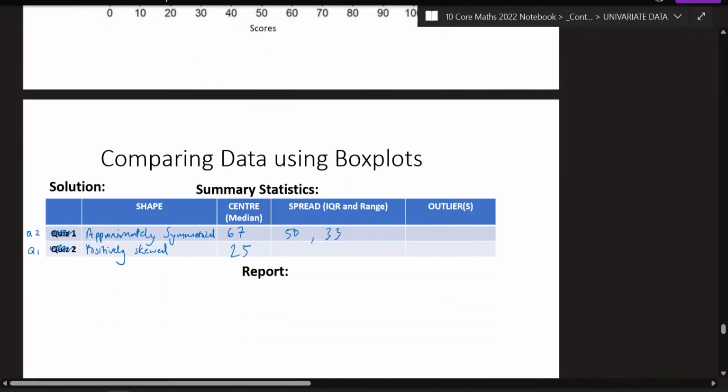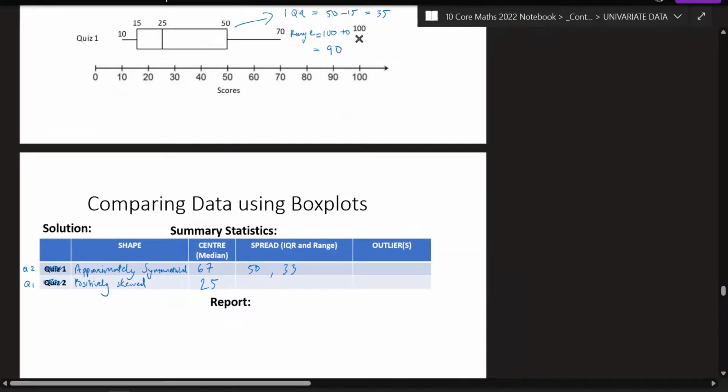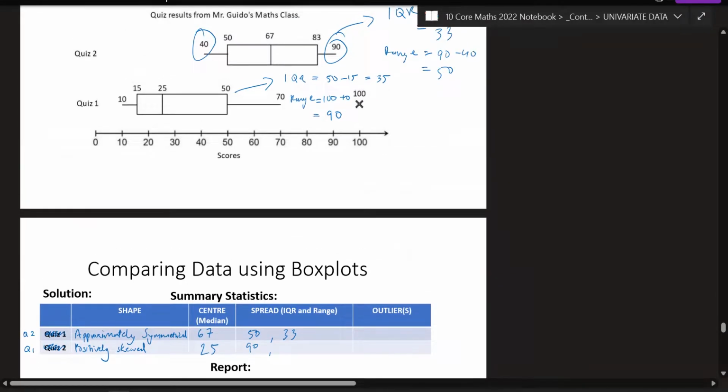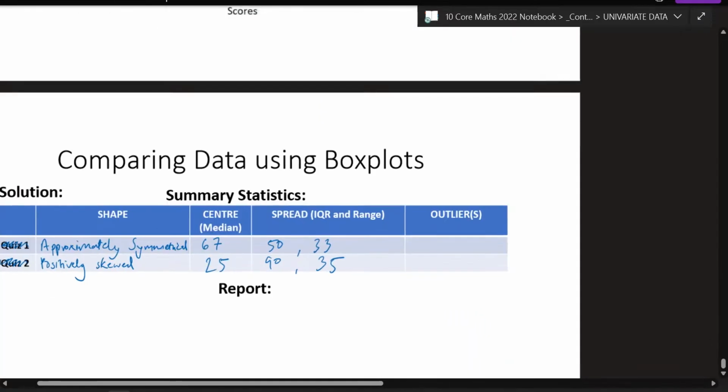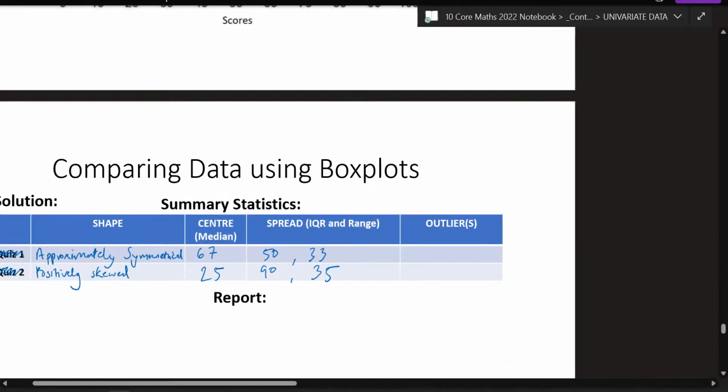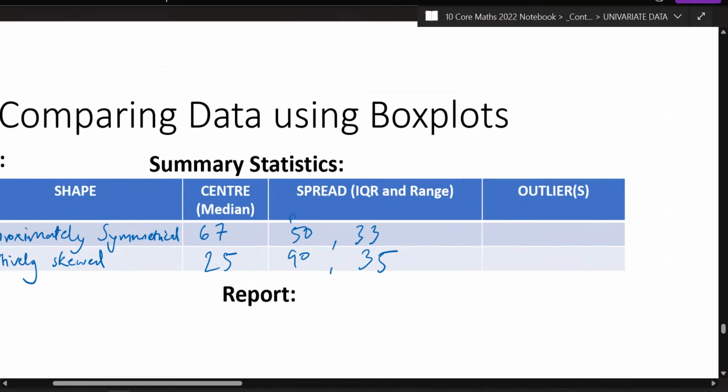So you've got 90 for the range, and 35 for the IQR. I'll make a note of that here so you guys know.